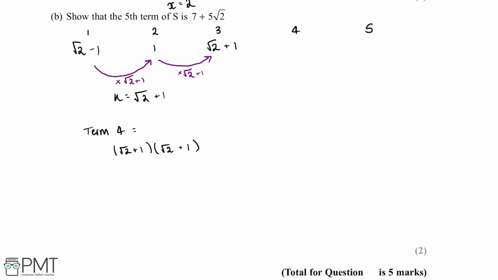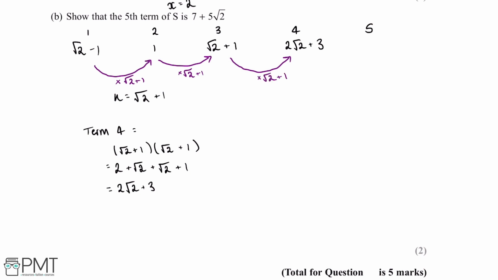And if we don't use a calculator, the way we're going to do this is first multiply root 2 by root 2, which gives us 2. Root 2 multiplied by 1 gives us root 2. 1 multiplied by root 2 gives us root 2. And then 1 multiplied by 1 gives us 1. And if we simplify this down, this gives us 2 root 2 plus 3. And this is our fourth term.